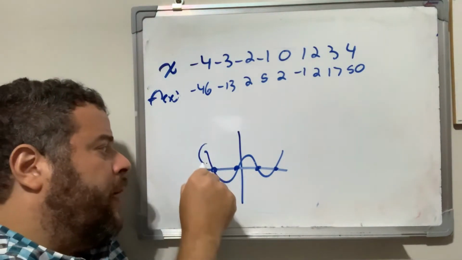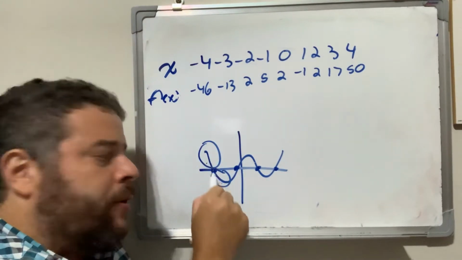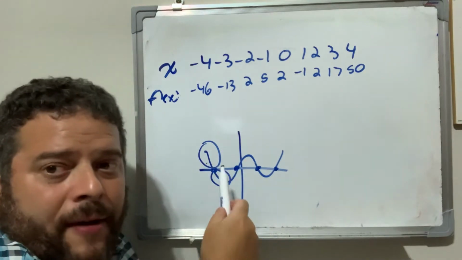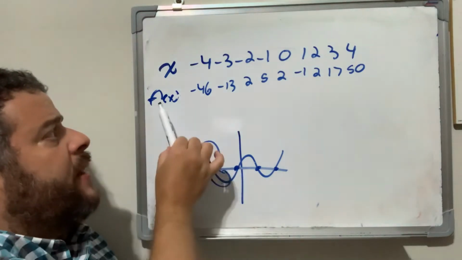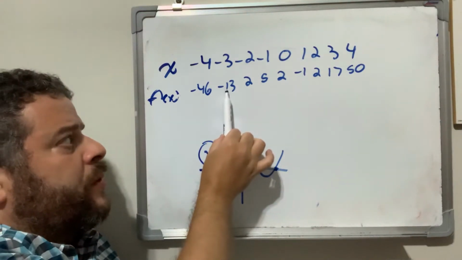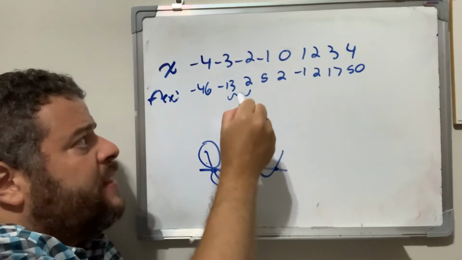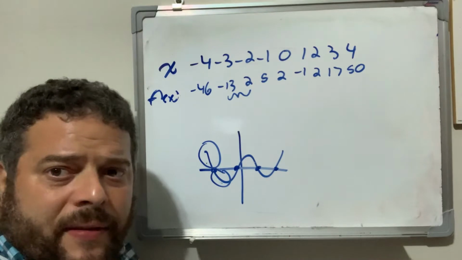There is no way to have positive values and negative values in a continuous function or graph without going through the value 0. So when you look at a table, this one's negative, this one's positive, there has to be a 0 between this negative value and this positive value.